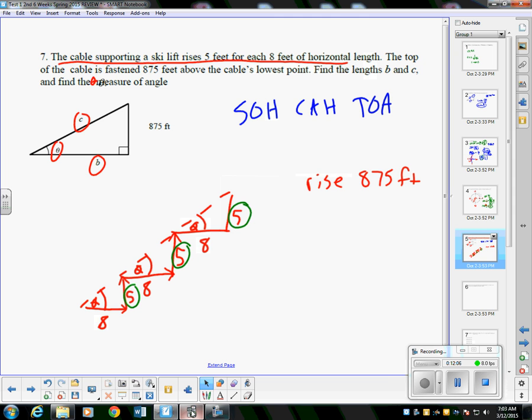So I know just simply by doing this, I've gone 175 5-foot increments when I rise. Sorry about the writing there. I'm rising 175 5-foot increments. Well, for every rise, I've also got a run or horizontal part right here.